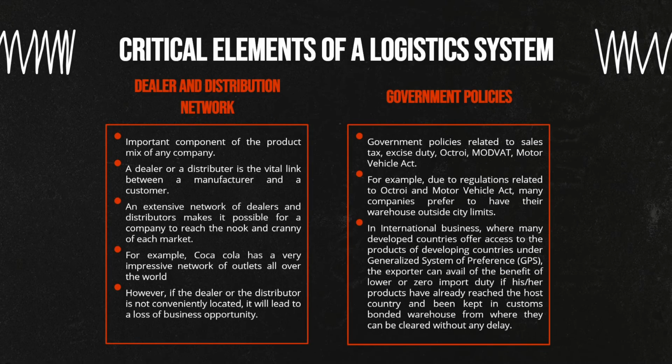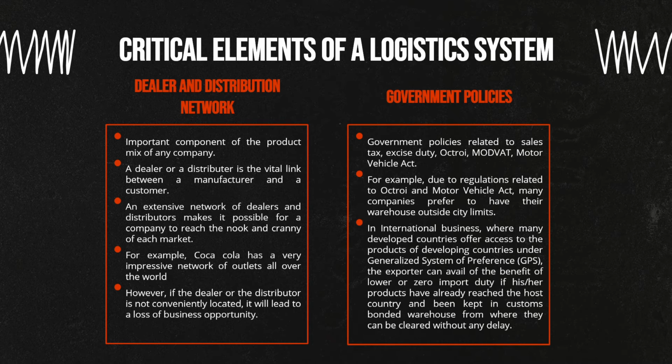Next, dealer and distribution network is an important component of the product mix of any company. A dealer or a distributor is the vital link between a manufacturer and a customer. An extensive network of dealers and distributors makes it possible for a company to reach the nook and cranny of each market. For example, Coca-Cola has a very impressive network of outlets all over the world.